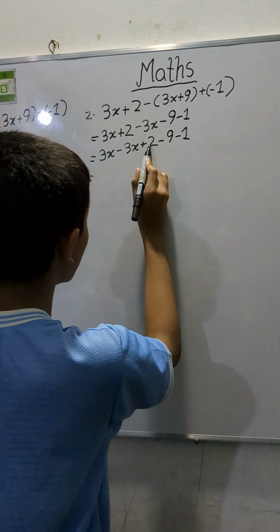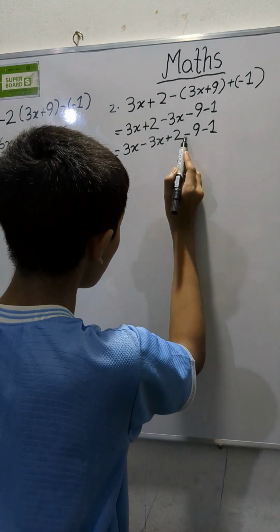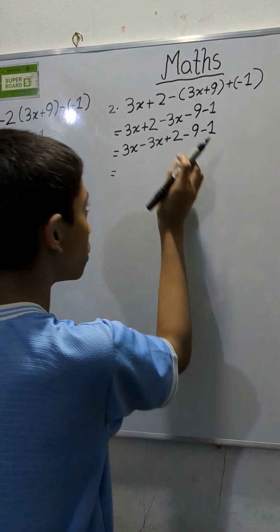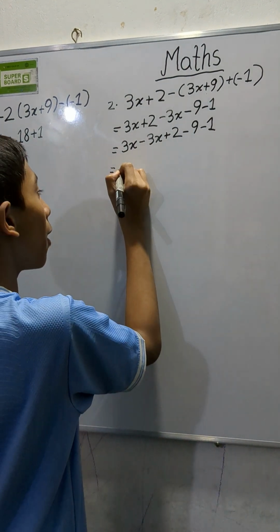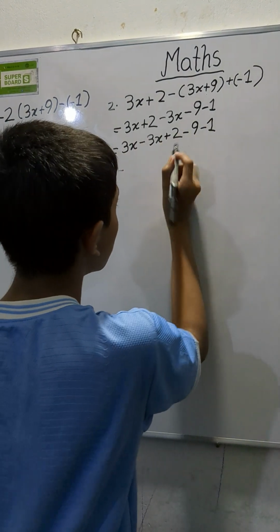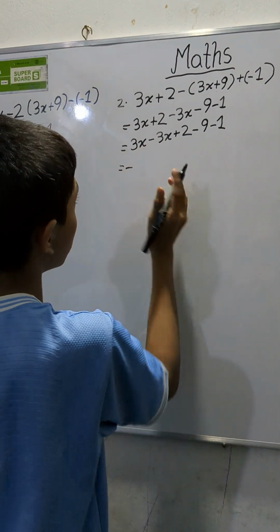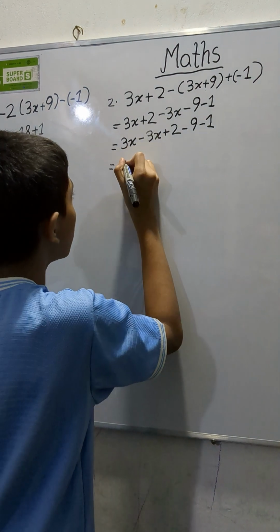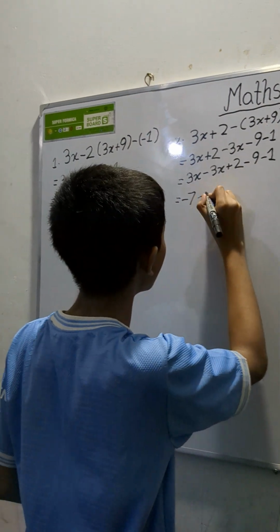Then is 2 minus 9. 9 is bigger than 2. 9 consists of a minus sign. If we multiply plus with minus, it will be minus. So we'll subtract this. 9 minus 2 equal to 7. So minus 7. Then minus 1.